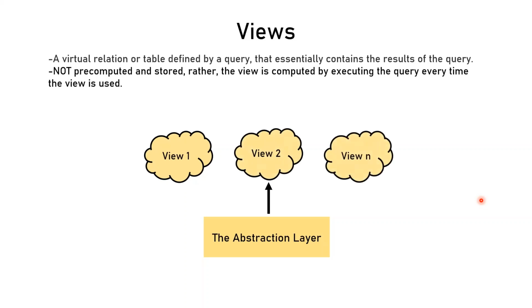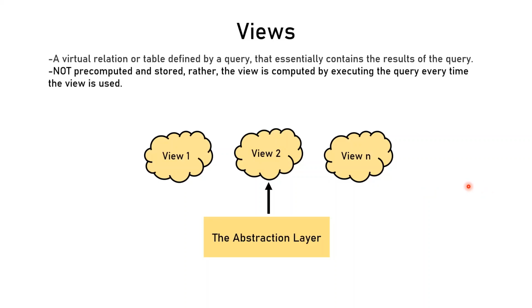There may be multiple views in the abstraction layer, and each of these views performs individual tasks so that end users can meet their requirements. Now, these views do not contain the logic behind the working of those applications. All they contain is the results that are calculated by the logic present in the logic layer.